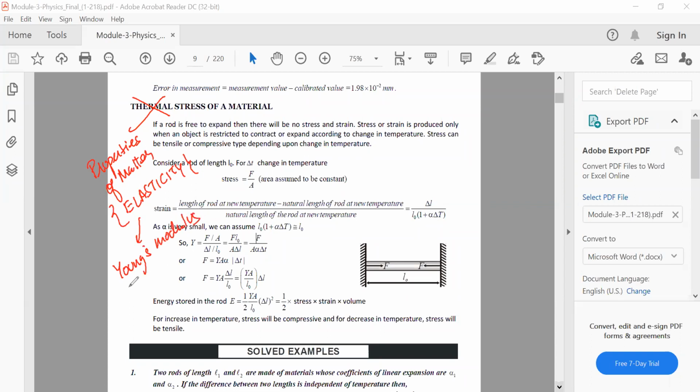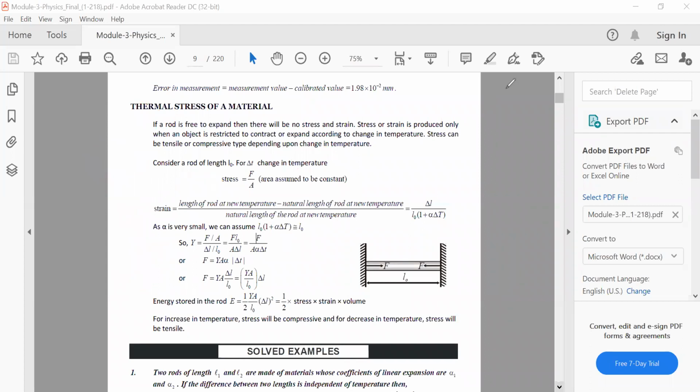So these all we'll be doing in a later chapter. So leave this out for the moment. This will not be coming in the upcoming test because we'll be doing this in the later chapter. So hope this is clear to all of you. Make sure you note this down that thermal stress is not coming in the upcoming test.